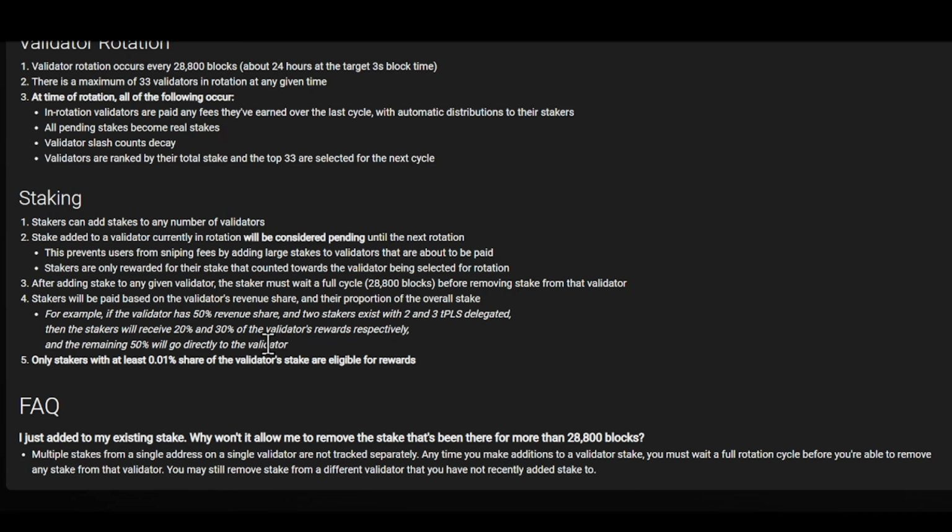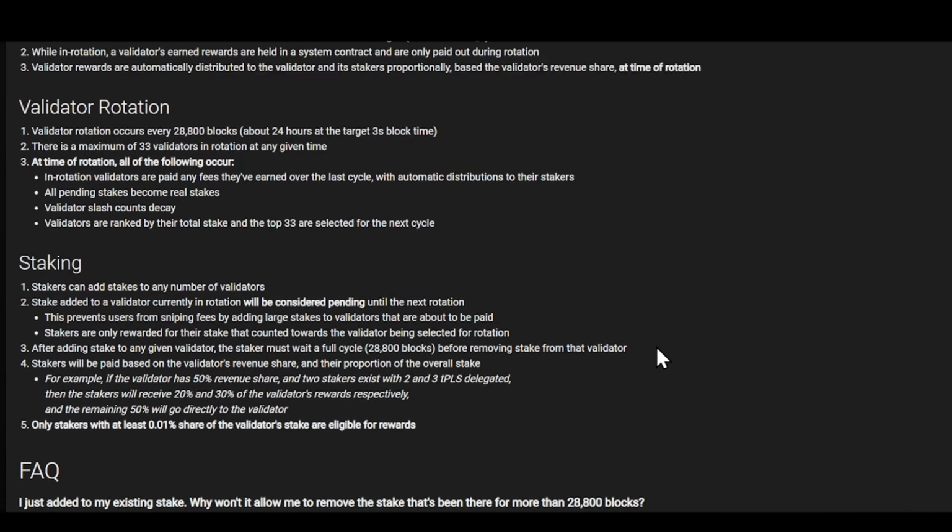For example, if the validator has 50% revenue share and the 2 stakers have 2 and 3 TPLS delegated, then the stakers will receive 20% and 30% in validator rewards respectively, and the remaining 50% would go directly to the validator. Number 5, only stakers with at least 0.01% share of the validator stake are eligible for rewards.